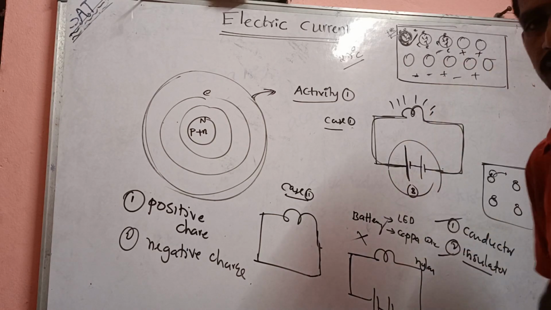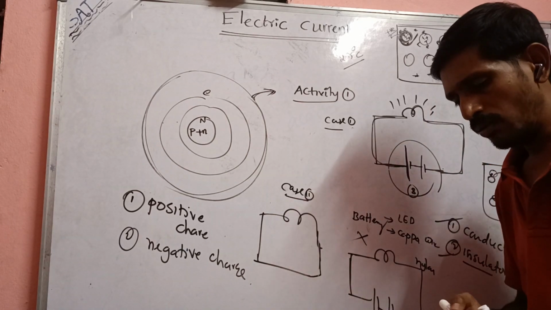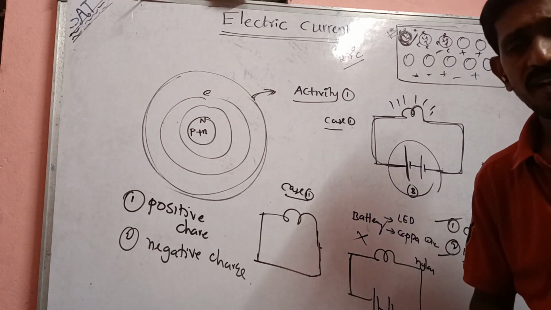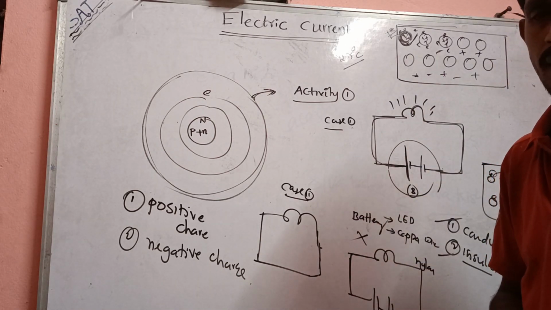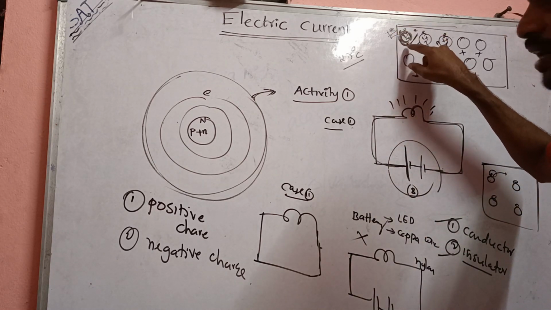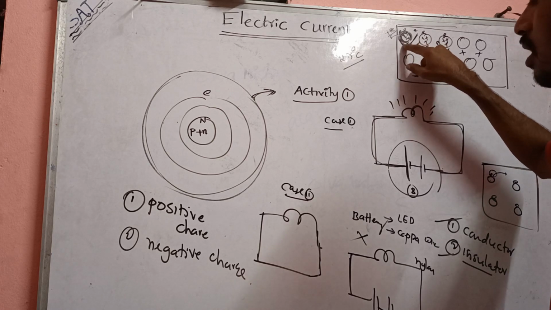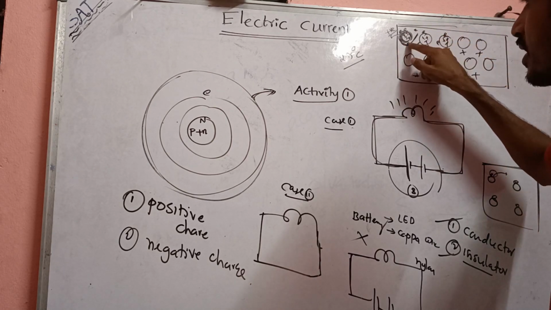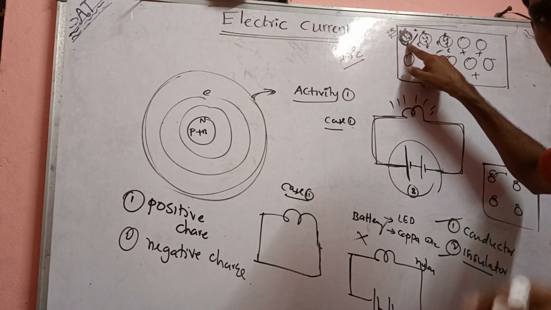So many free electrons are there. Now I can say this is a positive charge and this is a negative charge. When an atom loses an electron, we can say it is a positively charged body.